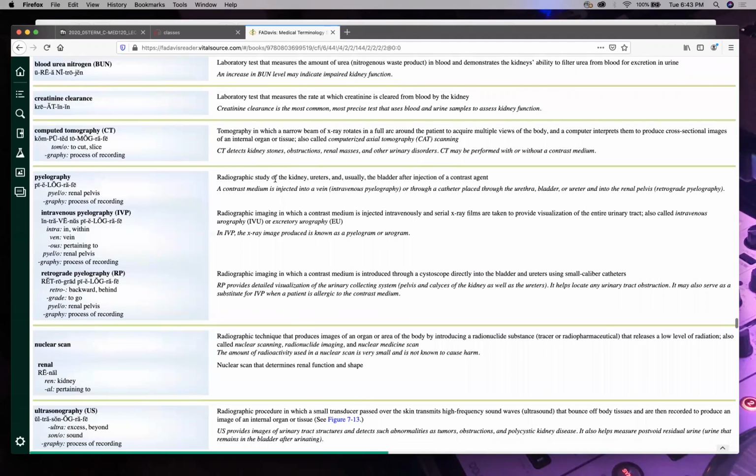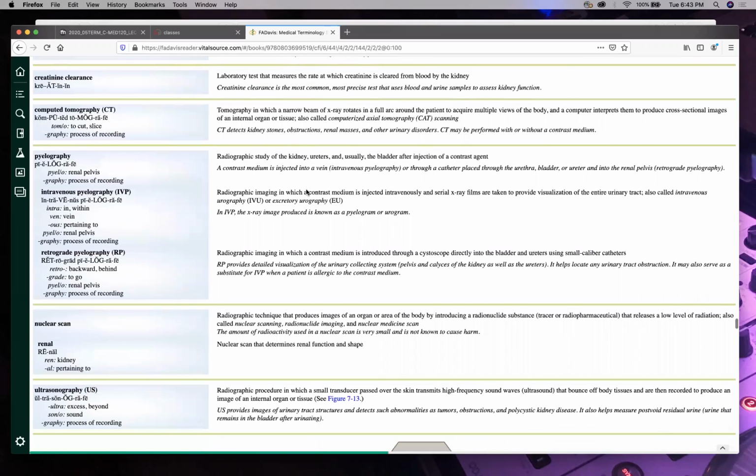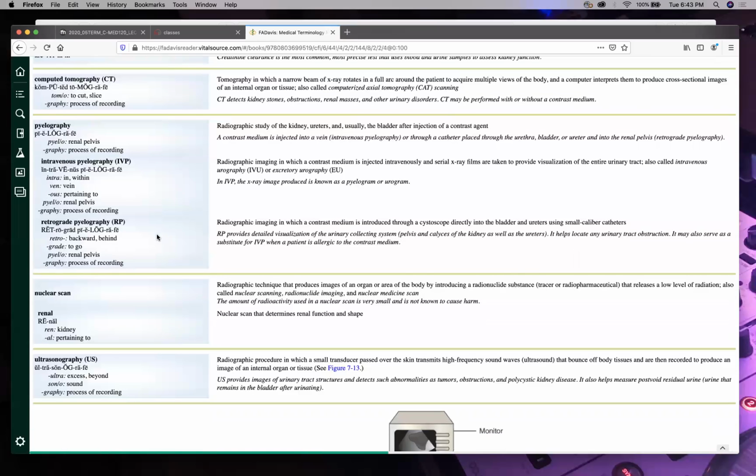Pyelography, we already talked about, is a radiographic study of your kidneys, ureters, and bladder. Sometimes we take this X-ray, and it's called the KUB. It's an X-ray that highlights your kidneys, ureters, and bladder. And that previous picture that I just showed you with the IVP, that's typically what we use. Now, retrograde pyelography.